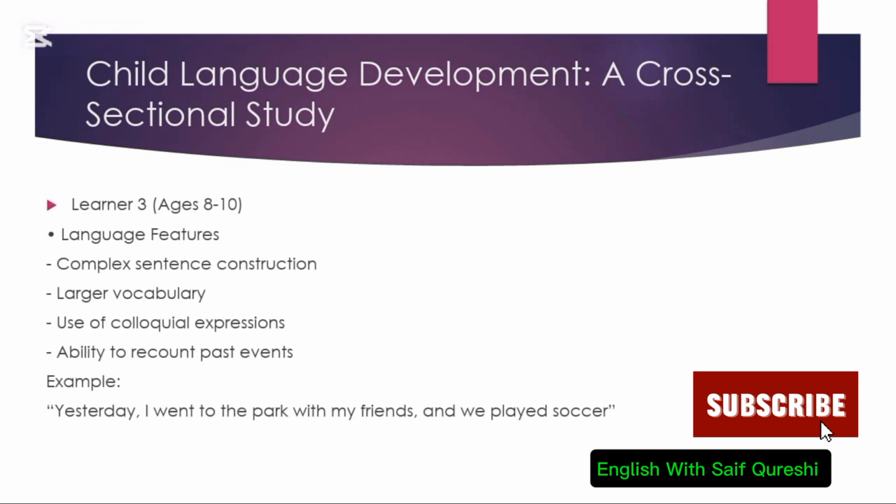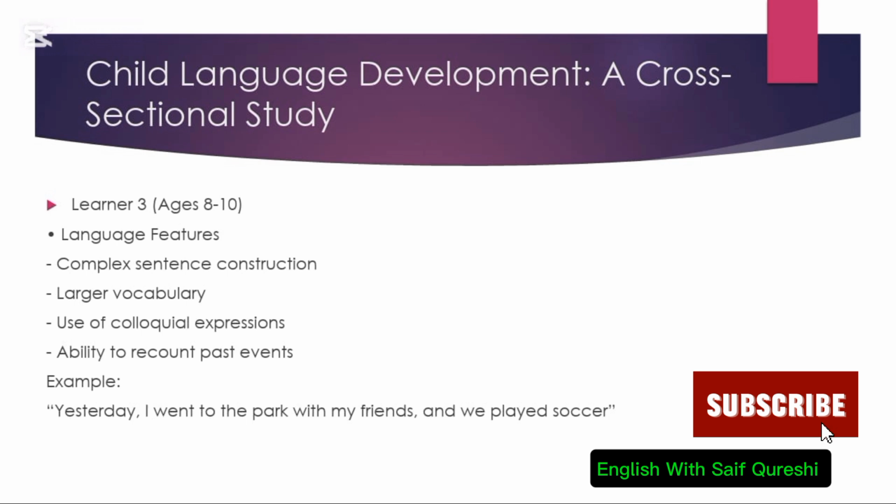Now, this is the data set of learner 3, ages 8 to 10. Language features are complex sentence construction, larger vocabulary, use of colloquial expressions, and ability to recount past events. So, these learners whose ages are 8 to 10 make complex sentences.